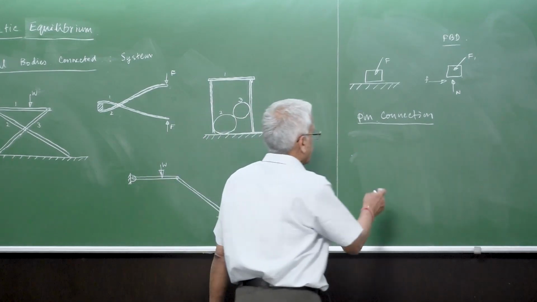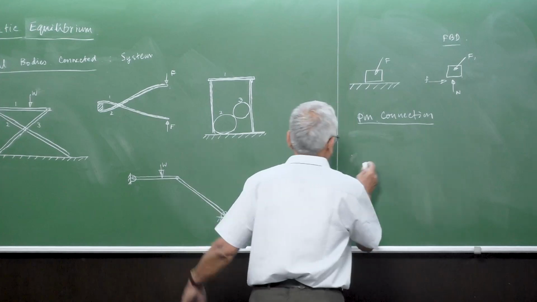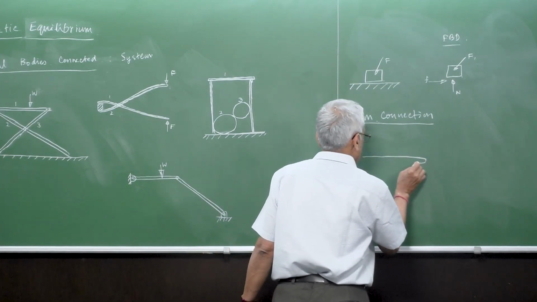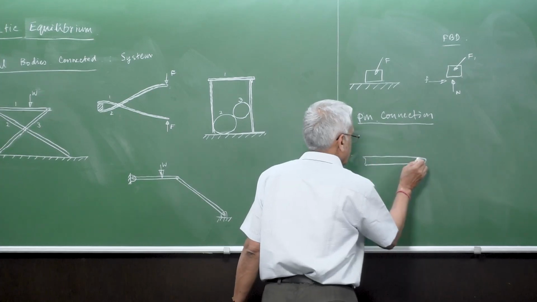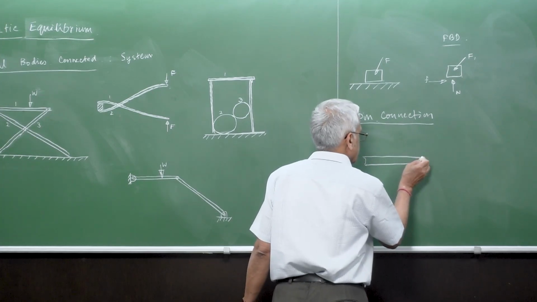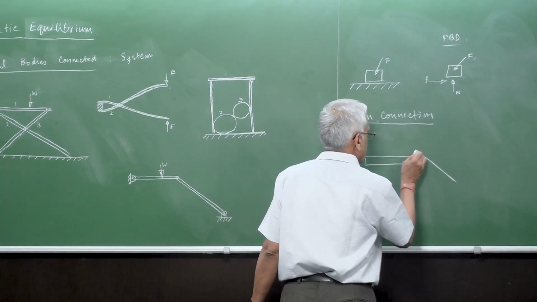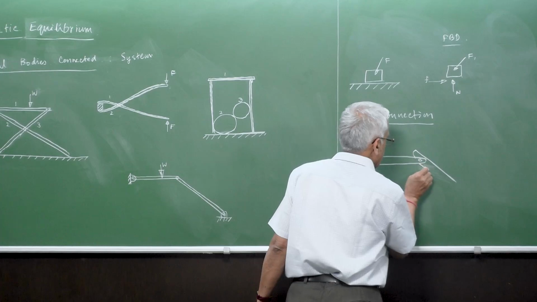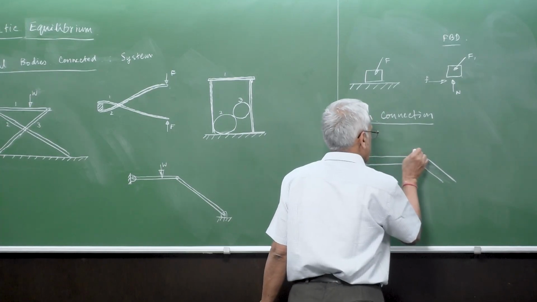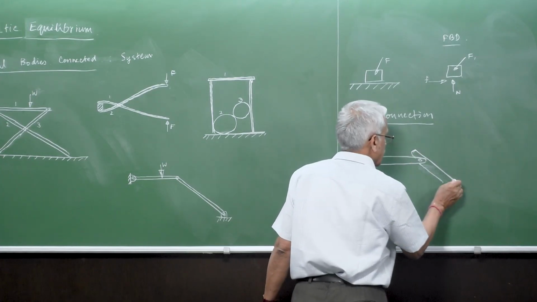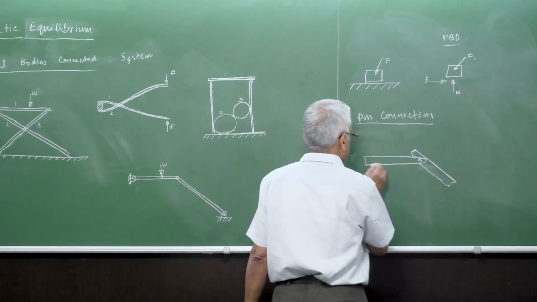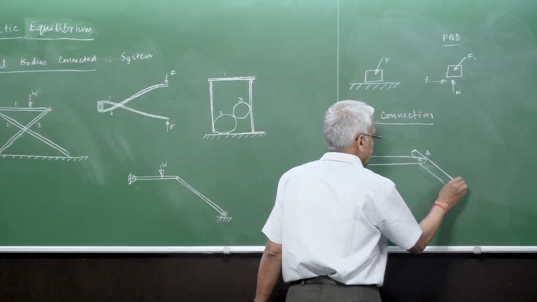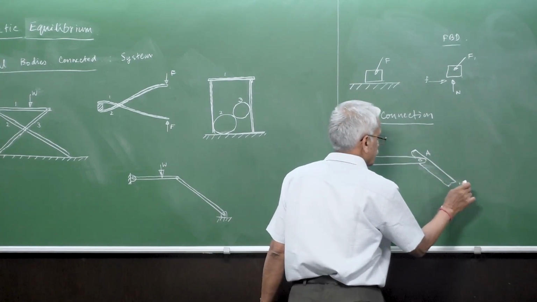Okay. And so for example, if you have a pin, so there is a pin here, there's a pin here. So at point A, B and C.